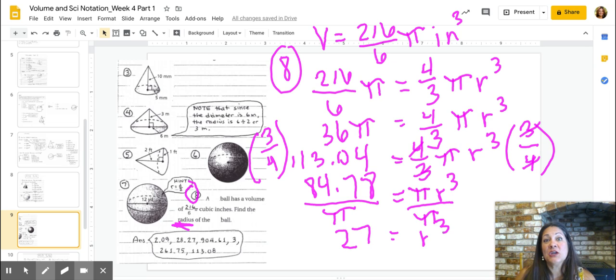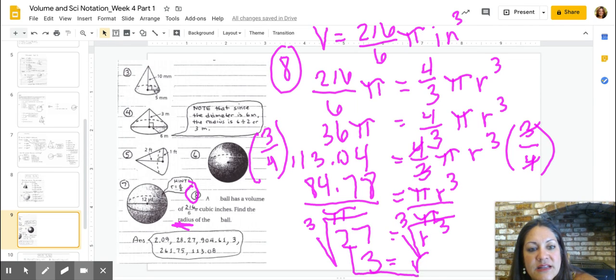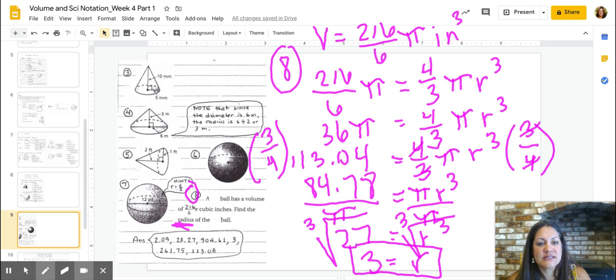I'm going to take the cube root of both sides, which leaves me with 3 equals the radius, because I know that 3 times 3 times 3 equals 27. So we have a radius of 3, and yippee skippy, there it is. Did it.